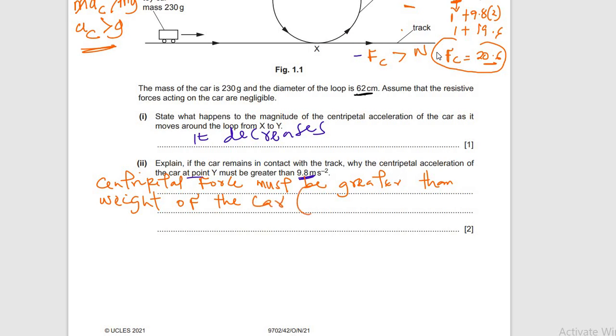As analyzed earlier, centripetal acceleration, 2. Once centripetal force is greater than the weight of the car, centripetal acceleration will be greater than g, as shown earlier, with the help of normal reaction. So how will I put that?